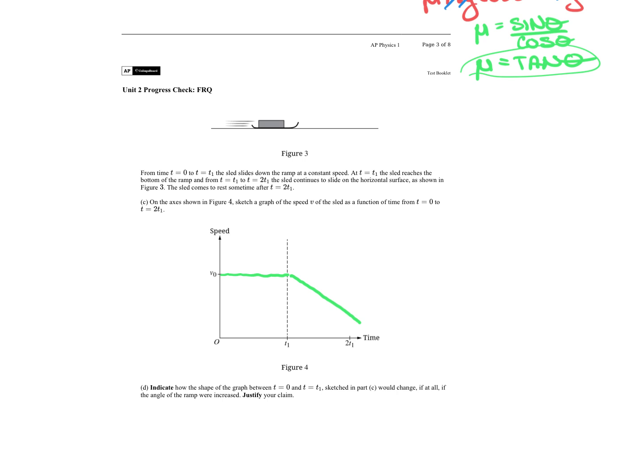Okay. Now the next part, though, says, how would this graph change between T0 and T1 if I increase the incline? So you got to think through this. If this incline, as is, constant speed, if I raise the incline, it's not going to just have a higher constant speed, it's going to have an acceleration, right?